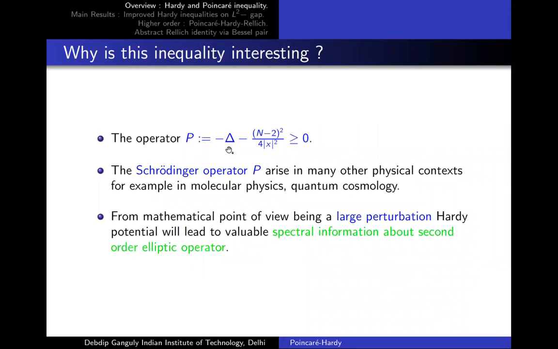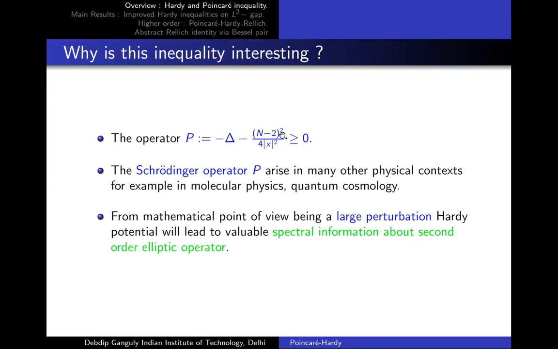Next, this type of operator is used to model many physical contexts, like molecular physics and quantum cosmology, because this type of Schrödinger operator is very important. I don't know much about the physics, but from a mathematical point of view, this is a very important operator because it is used as a perturbation type operator, that is, minus Laplacian minus V. Let's say V is of the type 1 over |x| squared, and this type of V is known as a large perturbation.